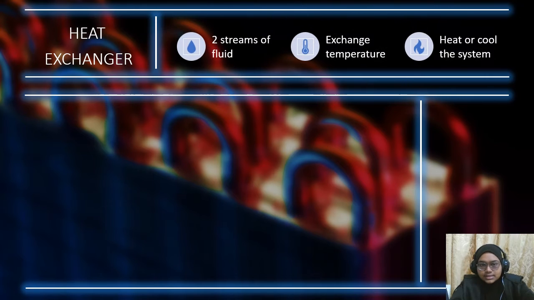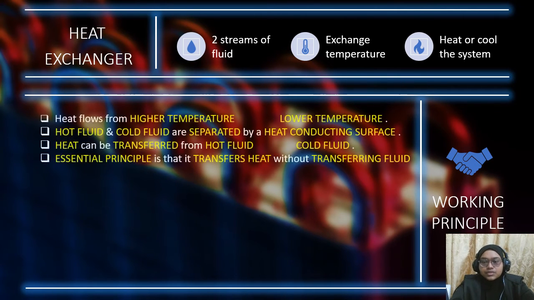A heat exchanger is an apparatus that has two streams of fluid that exchange heat to heat or cool the system. The working principle in all kinds of heat exchangers is that heat flows from higher temperature to lower temperature.